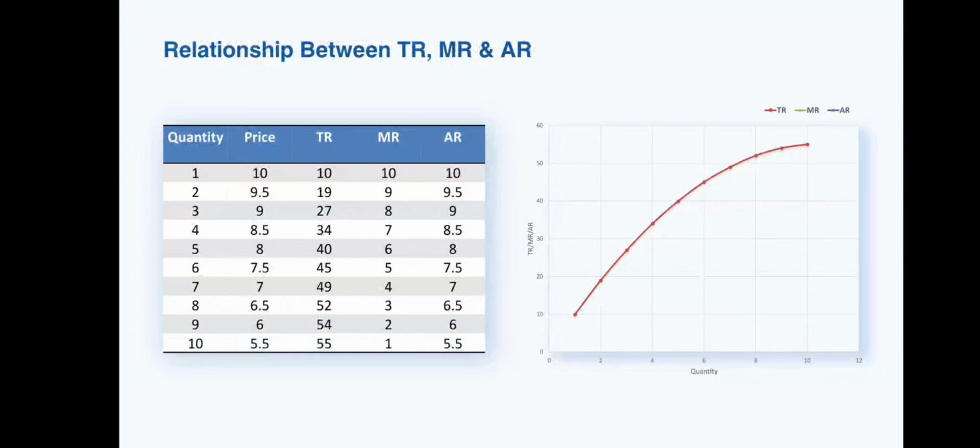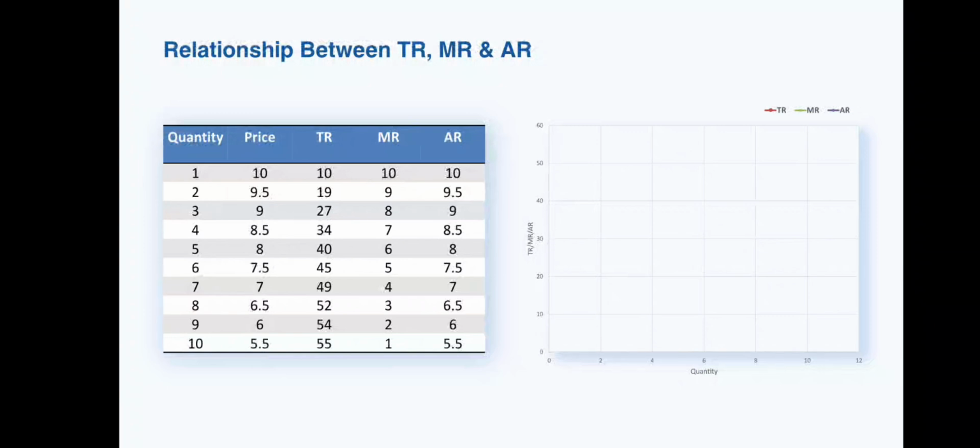How is that? We subtract 10 from 19, which are the values of TR, and then divide by the quantity difference, that is 2 minus 1, which equals 1. So if we divide 9 by 1, we get 9, so that's the value of MR here. In this way we proceed and find out all the values of MR.